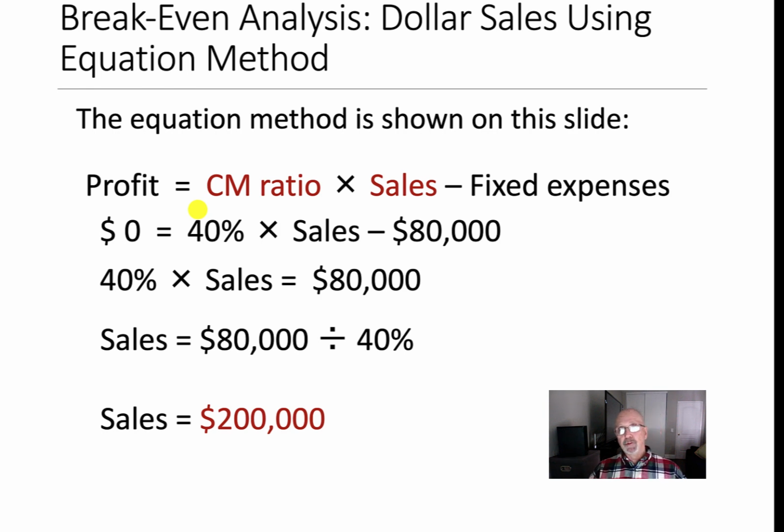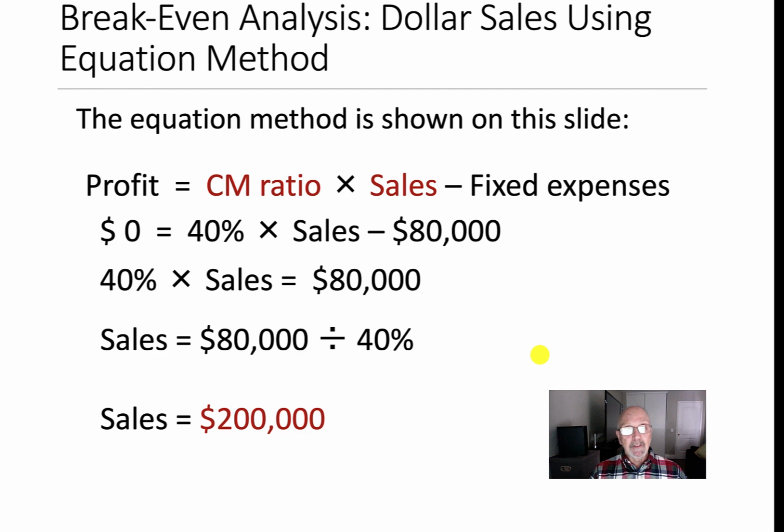The contribution margin is used for the units. So we've got contribution margin ratio times sales minus fixed expenses. In the case of RBC, it's going to be a contribution margin ratio of 40% times some kind of sales minus the $80,000 fixed expenses.